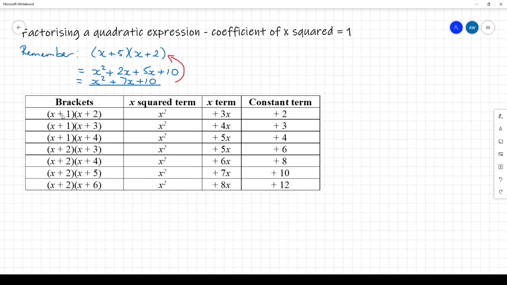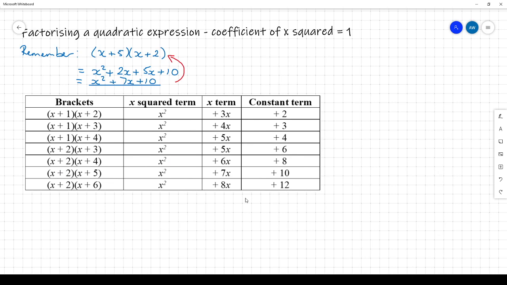When we expand x plus 1, x plus 2, we get x squared, that's our x squared term. We get plus 3x, that's our x term in the middle, and we get plus 2 on the end, that's our constant term. Numbers on their own, remember, are called constants. They are constant. They don't change. And when we expand this one, x plus 1, x plus 3, we get x squared plus 4x plus 3. And so on. I'm not going to read every one.